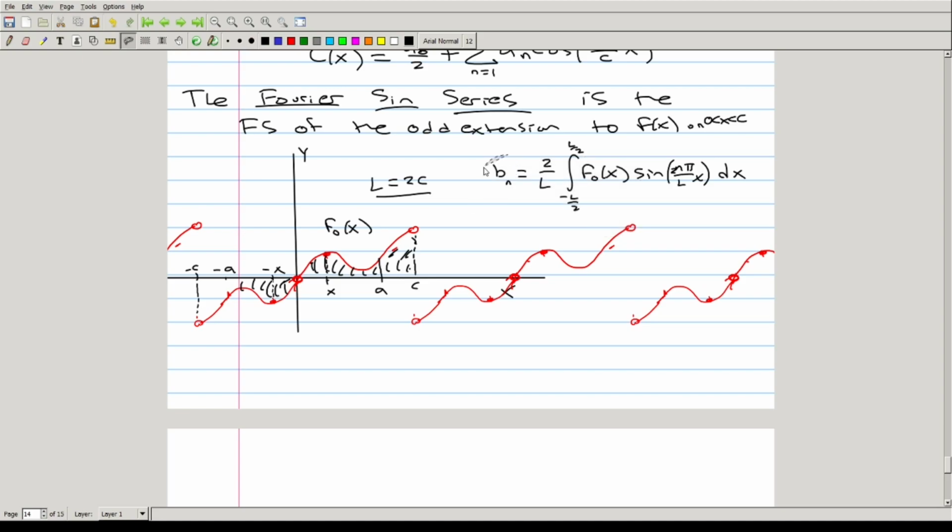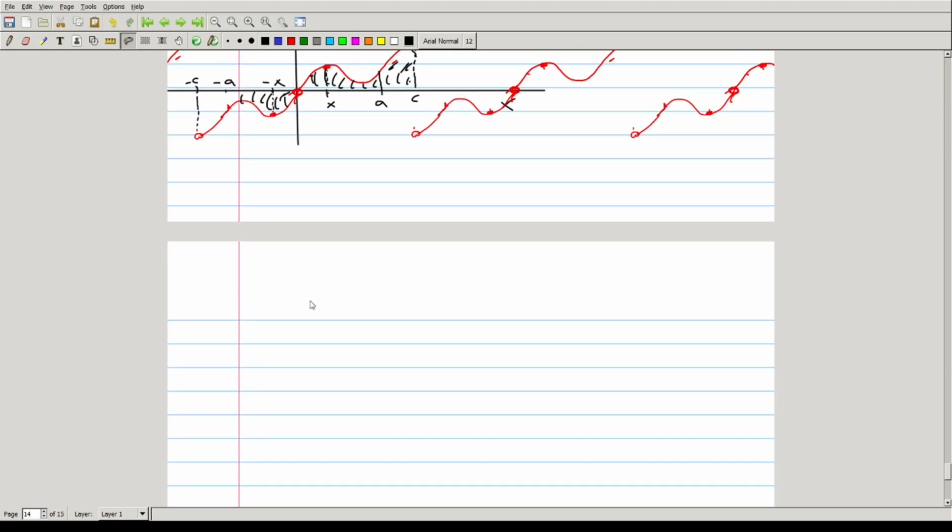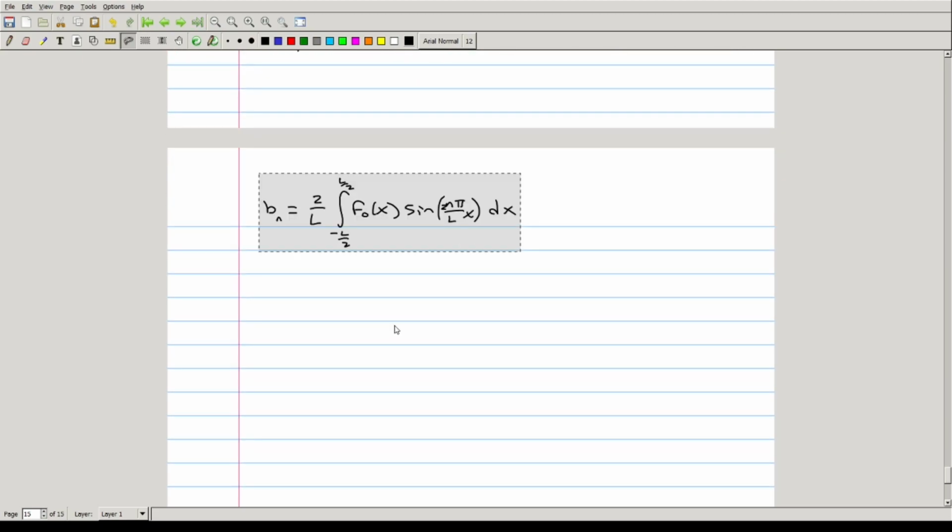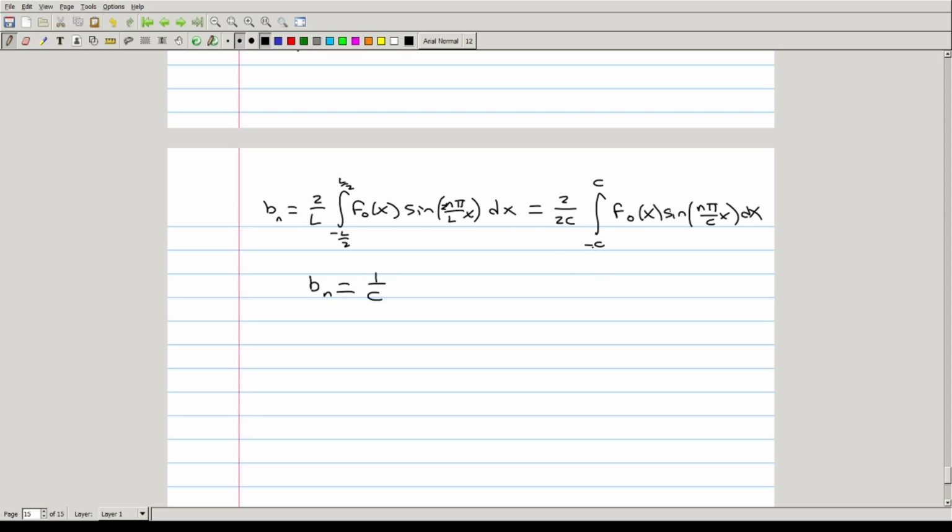So if we go through and evaluate what the Fourier coefficients simplify to, the Bn's are going to simplify to 2 over 2 times c, integral from negative c to positive c of f odd of x times sine of n pi over c times x dx, which is just 1 over c.